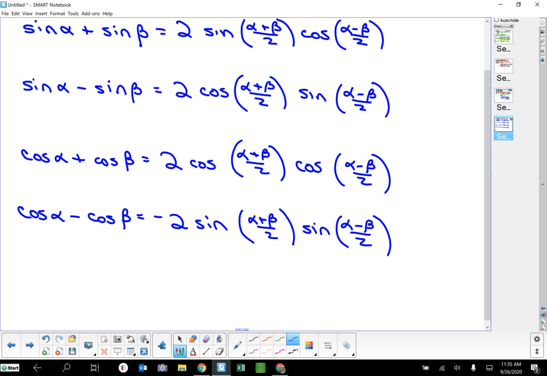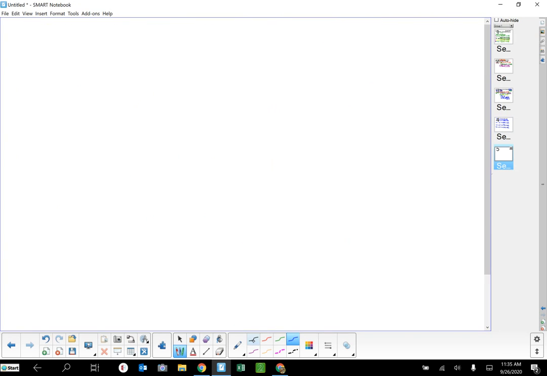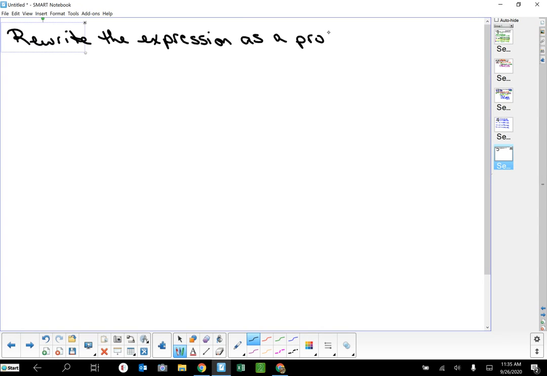Okay, so the first one says rewrite the expression as a product or a quotient, then simplify if possible.